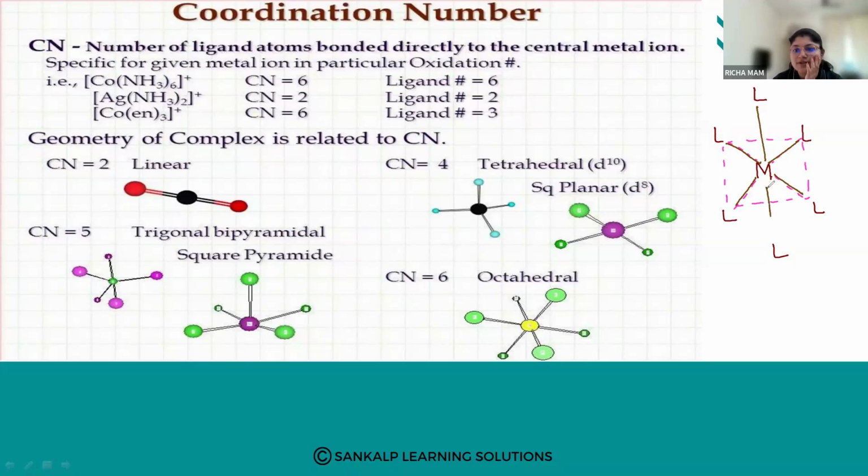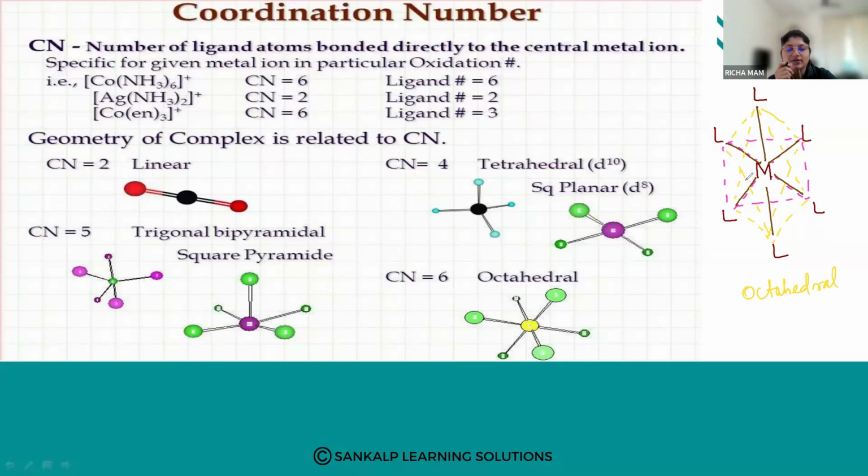So these are the bonds, right? We'll write bonds like this. So this is the octahedral geometry. The metal is in the center and 6 ligands are present around the metal.